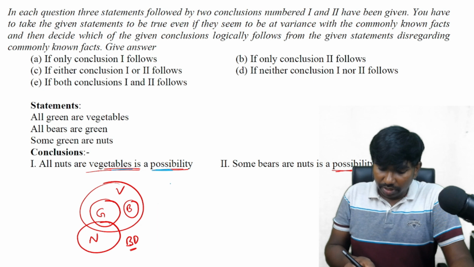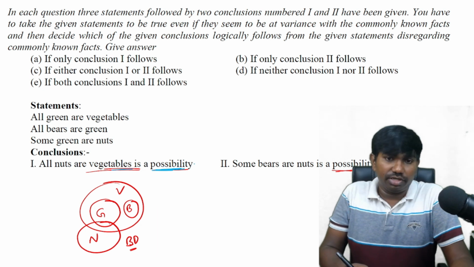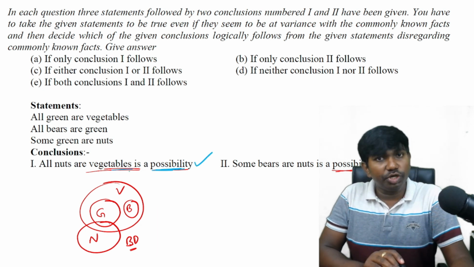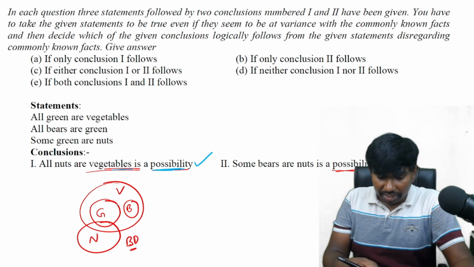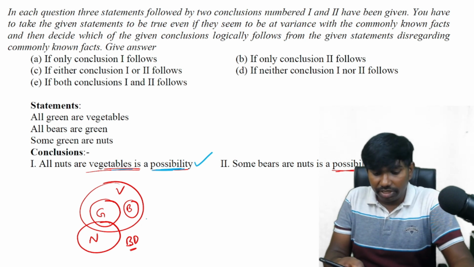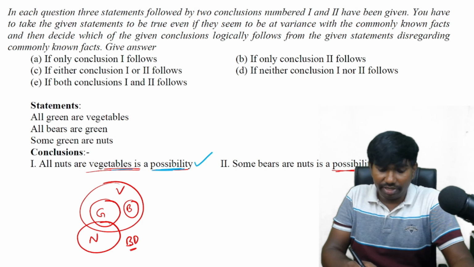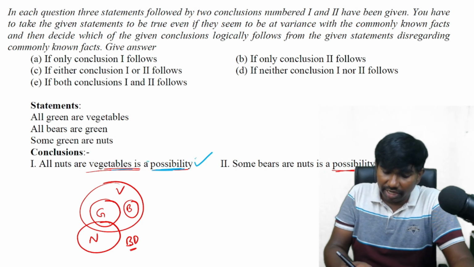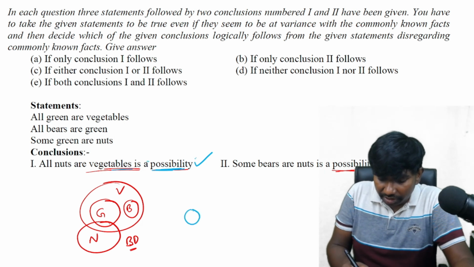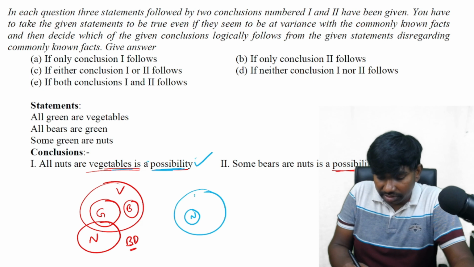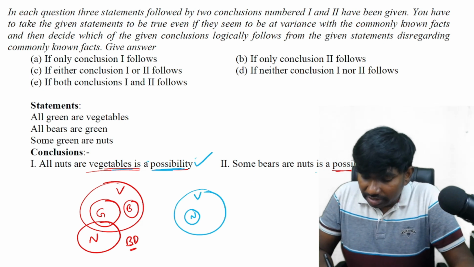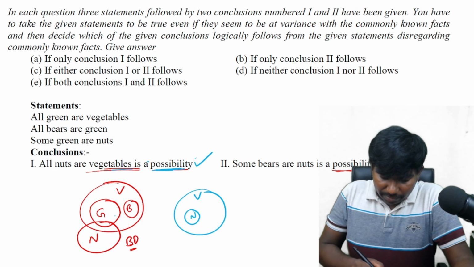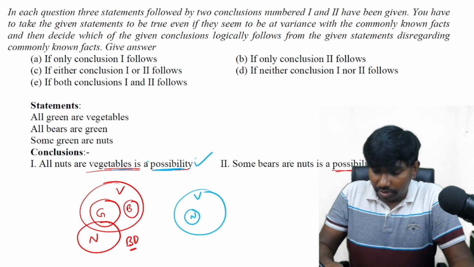Yes, possible. So does that possibility exist or not? Exists. No need to check. It's a failure case, because actually it is a failure in the basic diagram. But here it is a possibility or not? Yes, it is a possibility. In one of the alternate diagrams, there exists one diagram like this, nut completely inside vegetable. That is a possibility. Next, some bears are nuts is a possibility. Some bears are nuts is also a possibility, right?